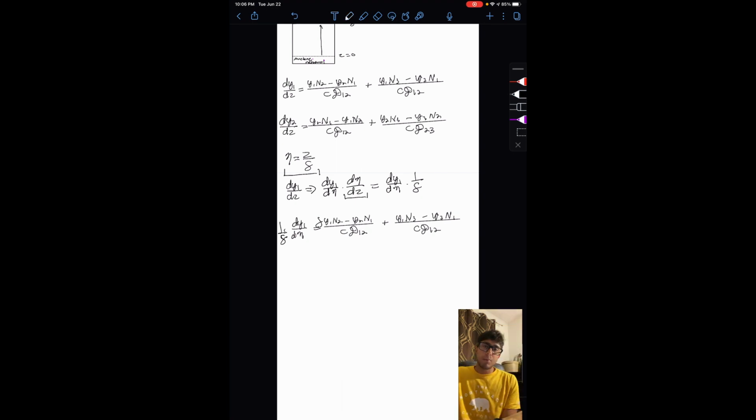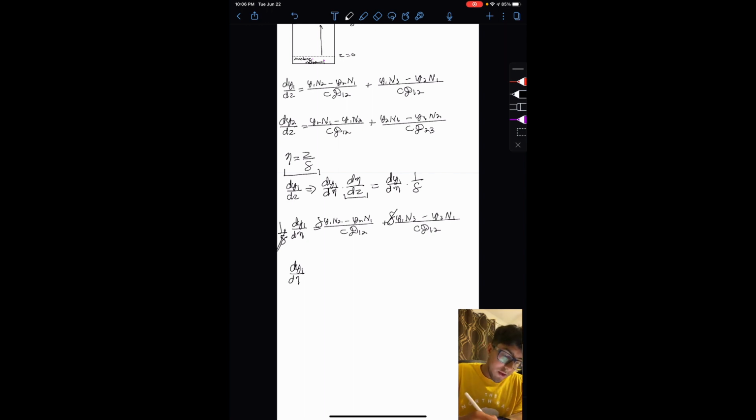By multiplying both sides by delta, we can cross out this delta term, and we get the relation for dy1 over d eta. So we can find the order of magnitude for N1 and N2.